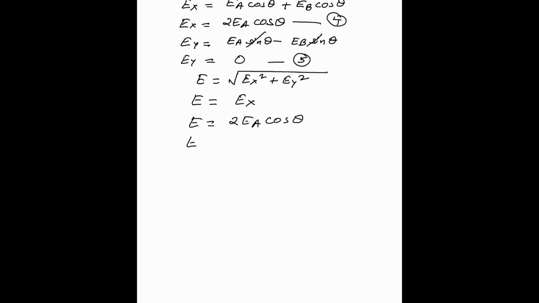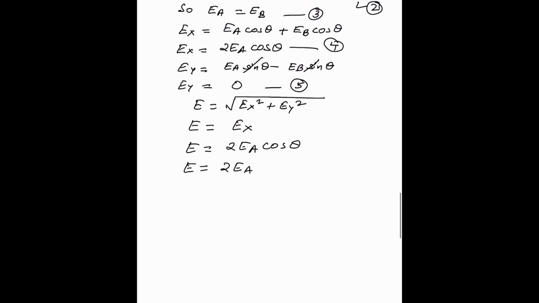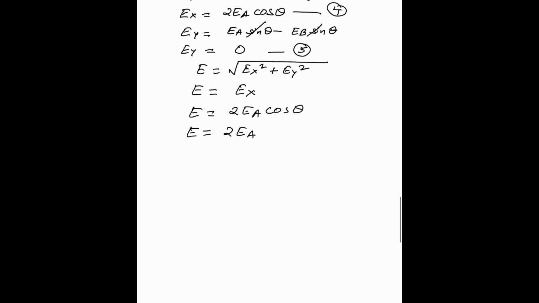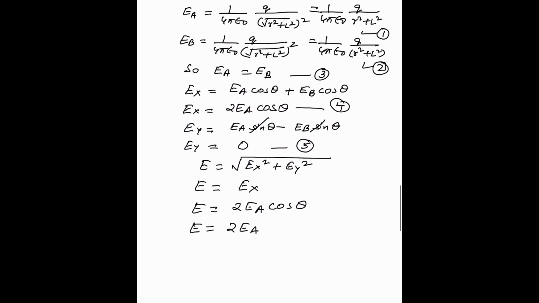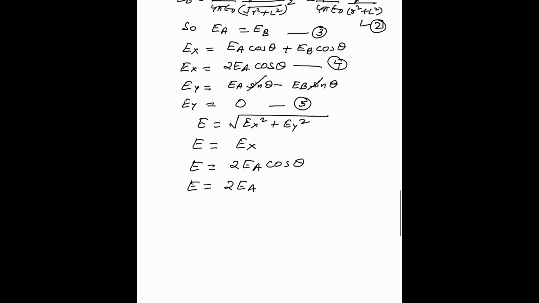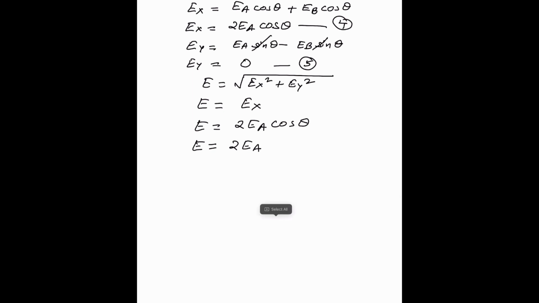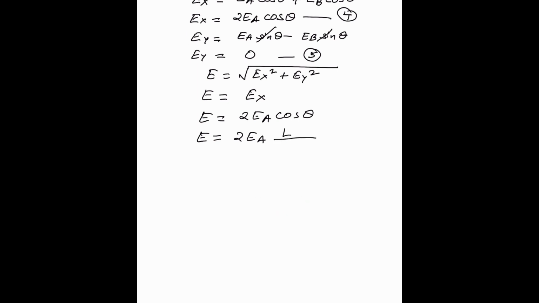From the triangle, we can see that the value of cos theta is base upon hypotenuse. Base is L. Hypotenuse is under root R square plus L square. So the value of cos theta will be L upon under root R square plus L square.